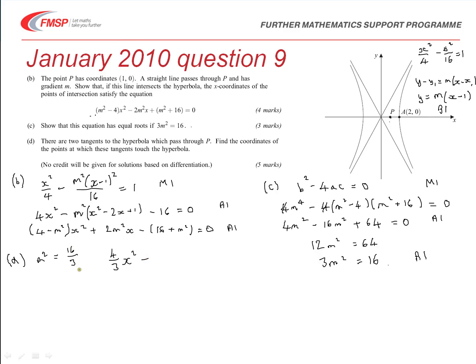Well, m squared is 16 over 3, so that becomes 32 over 3x, plus 16 over 3 plus 16. Well, 16 is 48 over 3, so that gives us 64 over 3 equals 0.